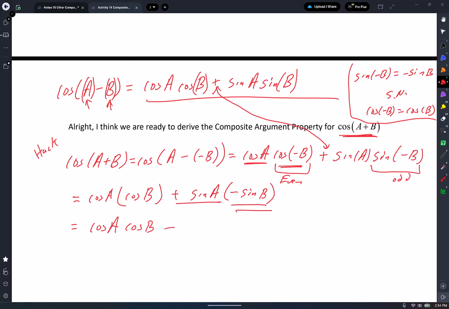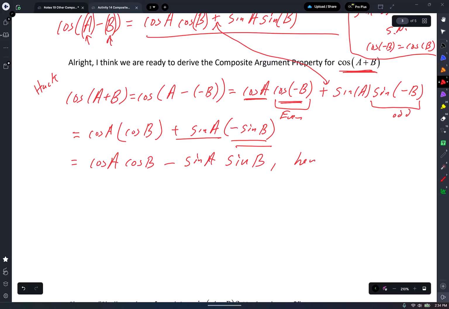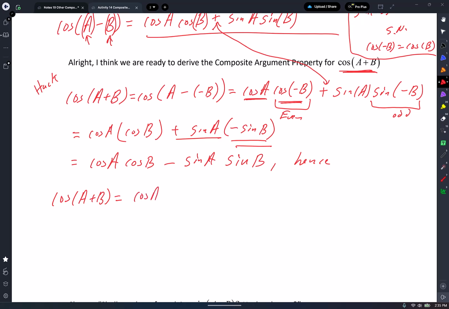Change the sign. That's sine A sine B, with a change of sign, change that minus to a plus, and there it is. So hence, cosine A plus B is just cosine A cosine B minus sine A sine B.